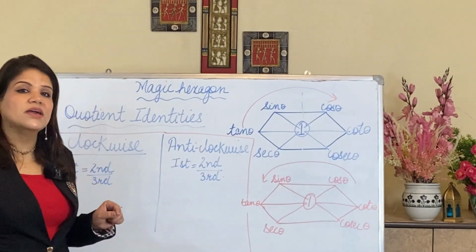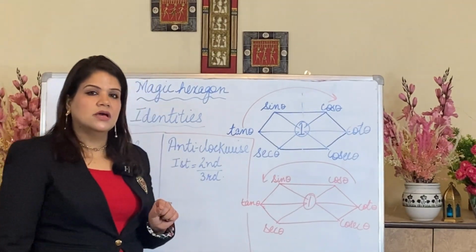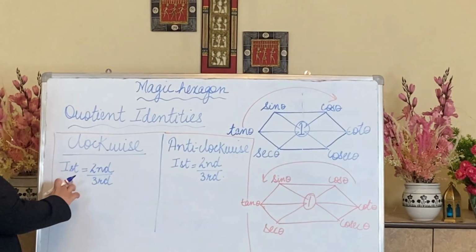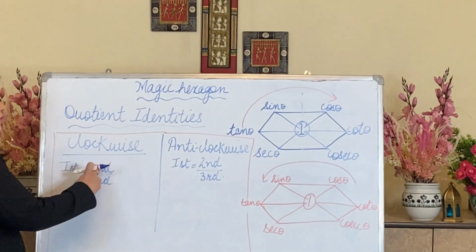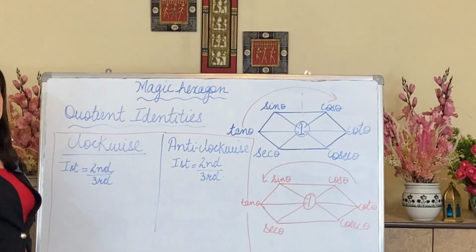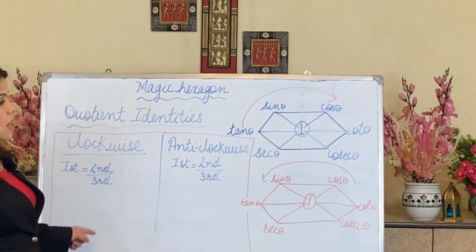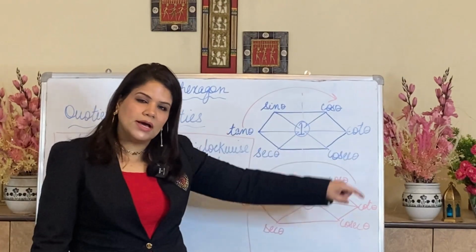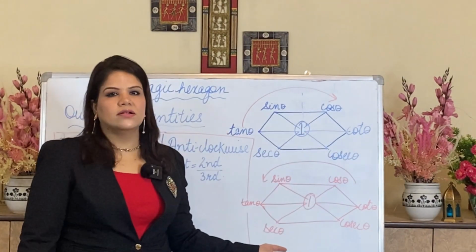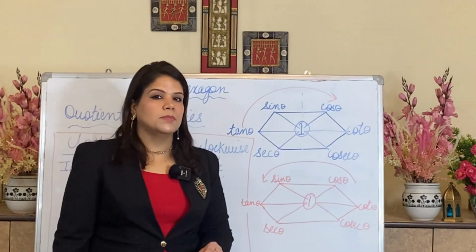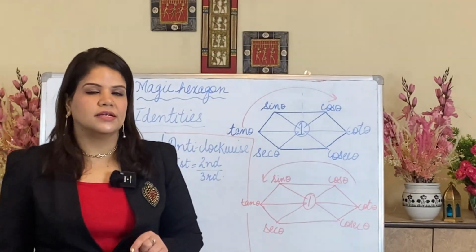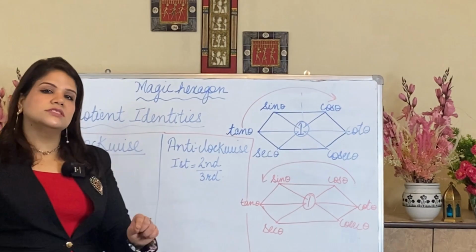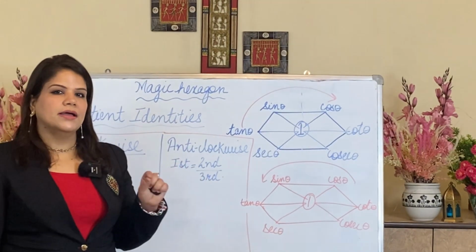And I will be giving you 12 identities by learning only this, that first function is equal to second divided by third function. And I will be taking this 6 times clockwise and 6 times anti-clockwise. And that will give me 12 quotient identities, only by learning this, that first is equal to second by third.